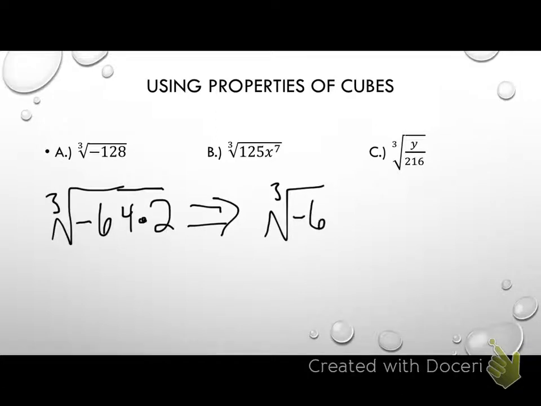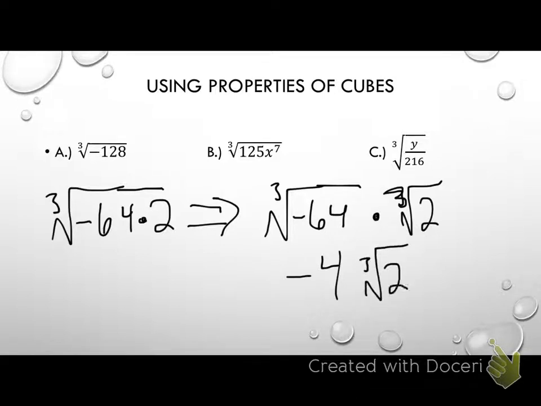So I can break negative 64 into its own cube root and 2 into its own cube root. The cube root of negative 64 is negative 4, because negative 4 times negative 4 times negative 4 gives me negative 64. And I am not able to take the cube root of 2, since there are no perfect cubes that go into 2. So my answer is negative 4 cube root of 2. We found our biggest perfect cube, took the cube root of it, and that's us simplifying our radical.